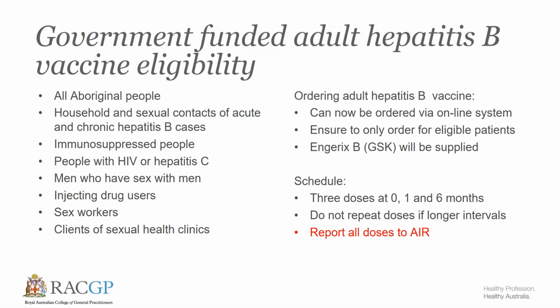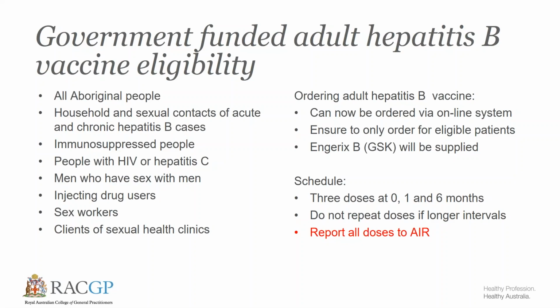We've had a few questions about the booster vaccines of further hepatitis B vaccine. The immunisation handbook is pretty good on the decision making about immunity after the vaccines and whether to give boosters and how many to give. And it's important, yeah, so if you're testing sometime after the course and it's less than 10, then you give the one booster and test again.